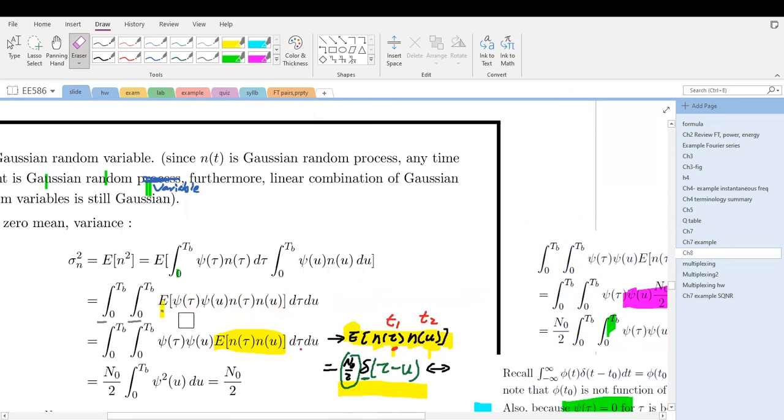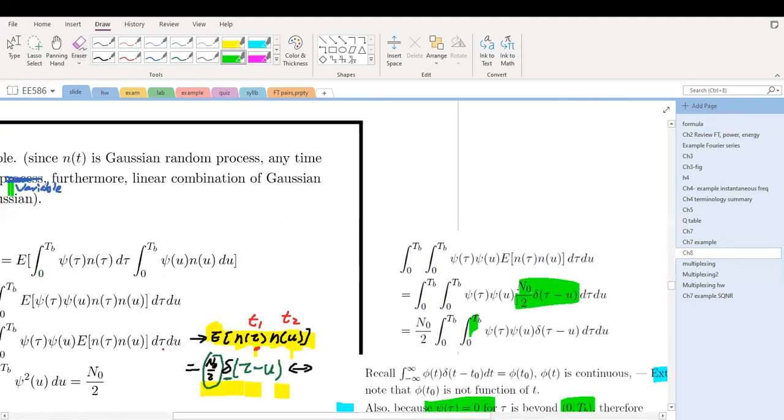Take the expectation of n into the integrand, and this expectation is with respect to the noise n tau multiplied by n u. Using the property of the white noise process, this expectation equals the delta function of tau minus u scaled by the power spectral density scalar N naught divided by 2. Now this expectation becomes N naught divided by 2 times the delta function here.